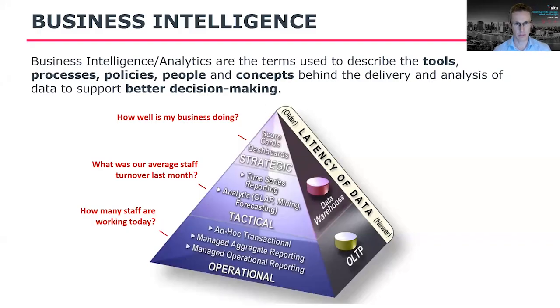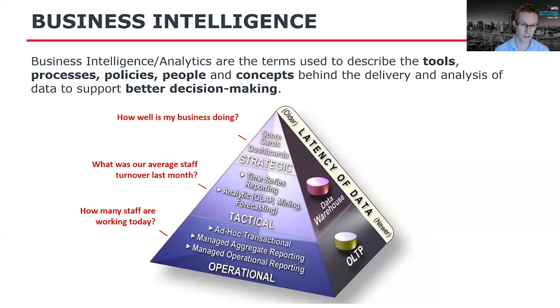So when we talk to business intelligence, I like to talk to it in the context of the business intelligence pyramid. So what we see here is we have at the base of the pyramid operational reporting or operational business intelligence. That typically comes from your operational system, so your student management system, your finance system, your HR system. That data is typically real time.